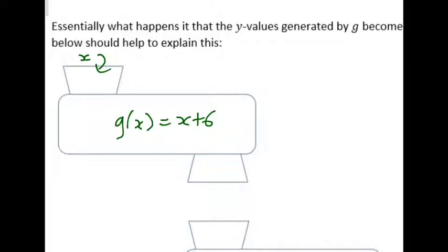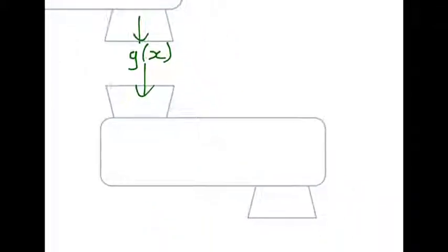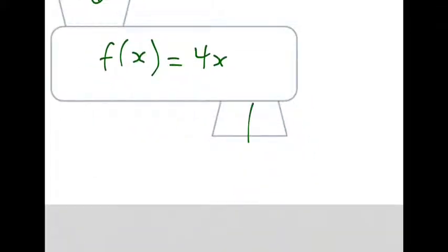So we just add 6 to whatever that number is. And then out would pop that number. Okay, and then that value, the y value of g, becomes the x value of f. And then out pops f of g of x.